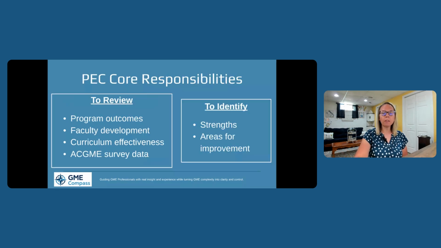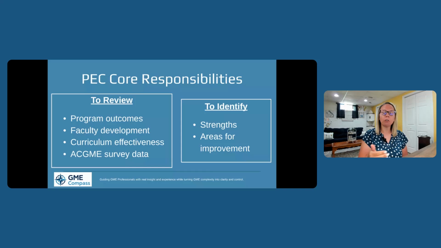Its core responsibility is to review your outcomes, faculty development, curriculum, and ACGME survey data. From there, the committee identifies any strengths, weaknesses, opportunities, or areas needing improvement. That can also be known as your SWOT: strengths, weaknesses, opportunities, and threats.